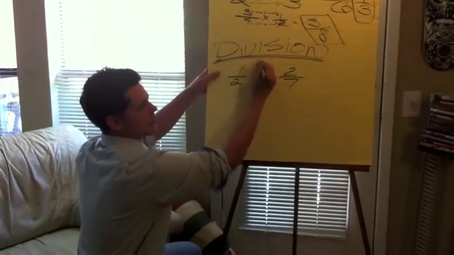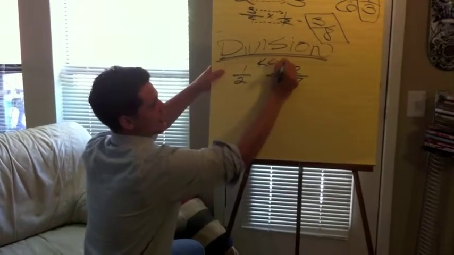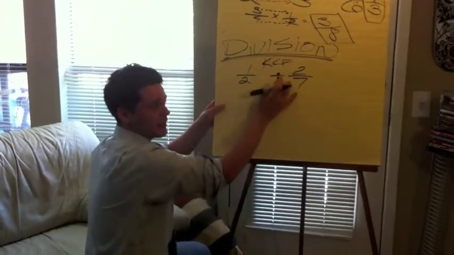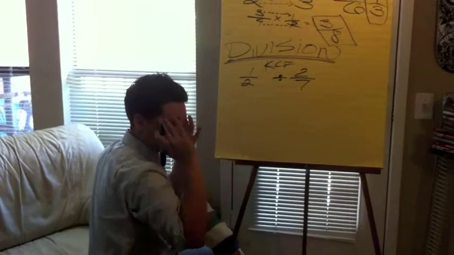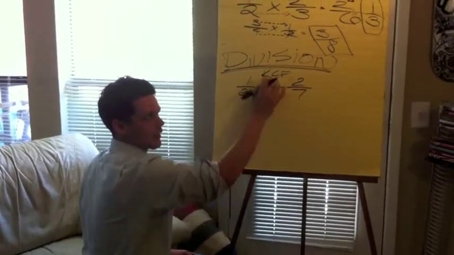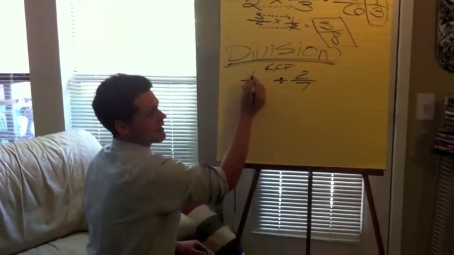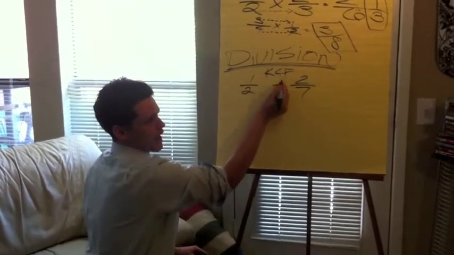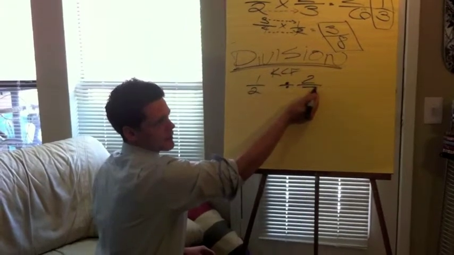Because I want you to remember KCF. Kind of like KFC. You see that? Kind of like a drumstick with a chicken. If you have a really good imagination, pretend it's a chicken. And think of KFC, like the chicken, and like KCF. And what this means is, keep the first fraction, you change the sign, and you flip the second one.